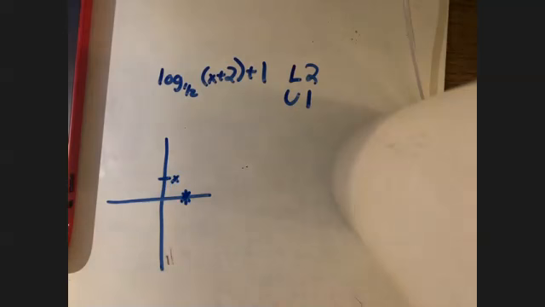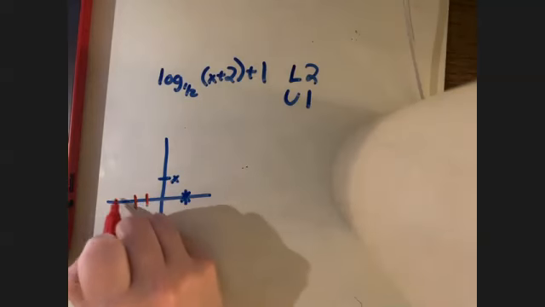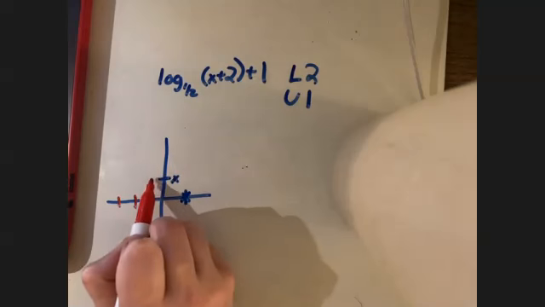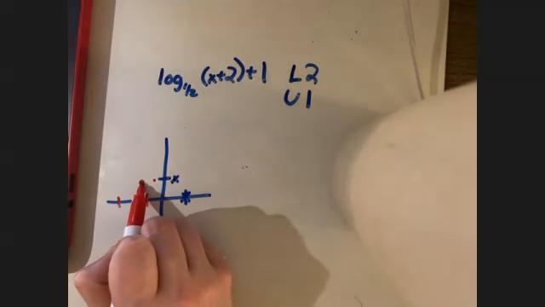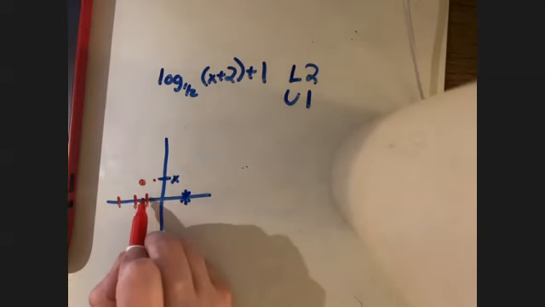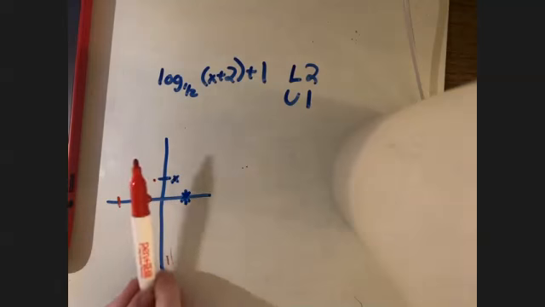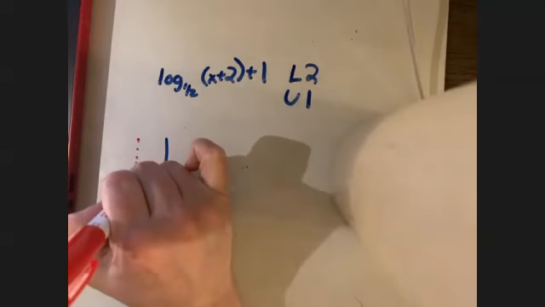Now I'm going to have to be kind of careful with that, to make sure that I keep all of my spots appropriately the way that I need to. So we're going to make everything move left 2. So I'm going to come 1, 2. Notice that I'm maintaining that halfway in between the boxes. 1, 2. So that's going to bring that here. The asymptote is going to come 1, 2. So now that's going to sit right here.